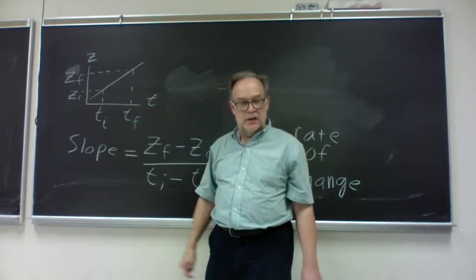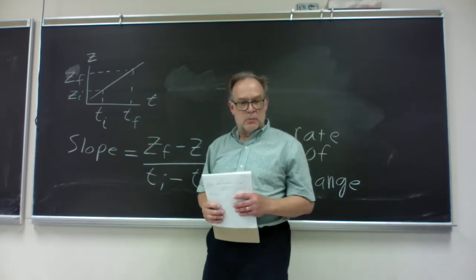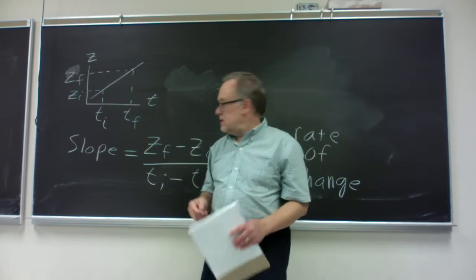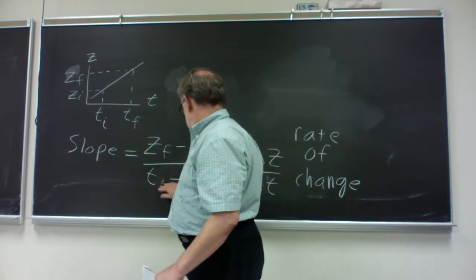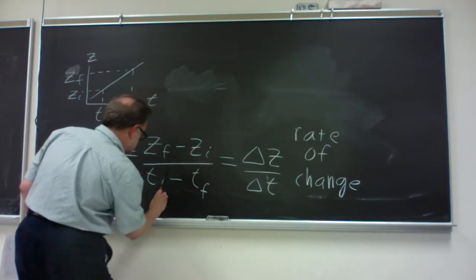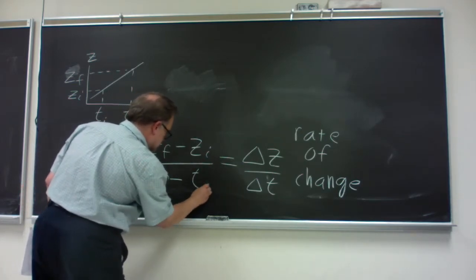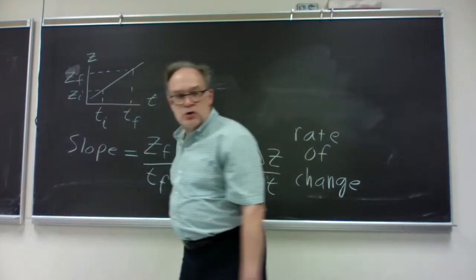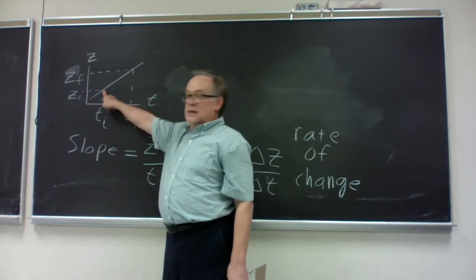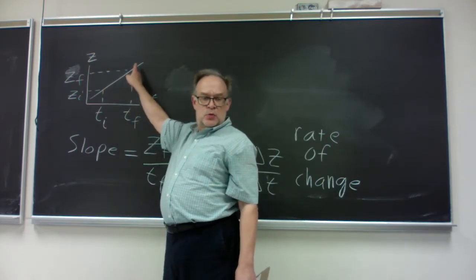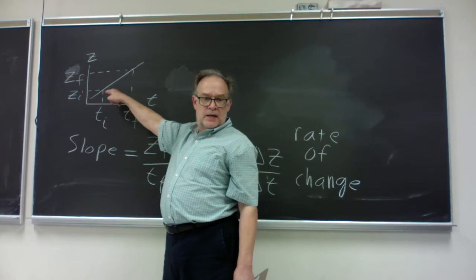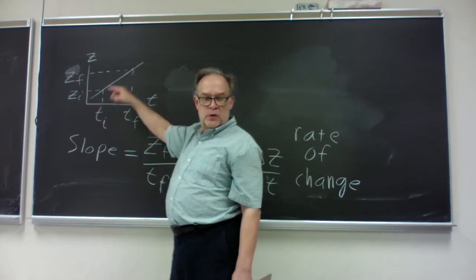You know how to calculate the slope of a line like that. You pick 2 points. Let's say this one, and get the time and z coordinates of both those points.